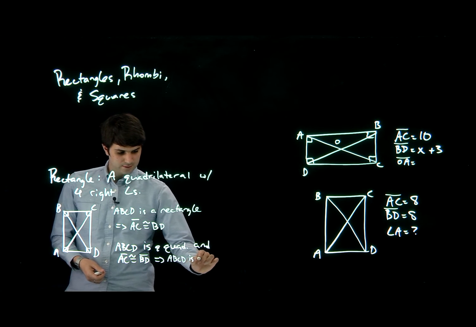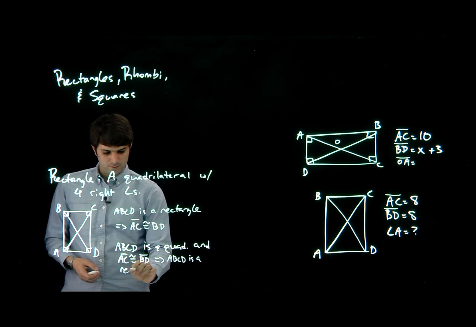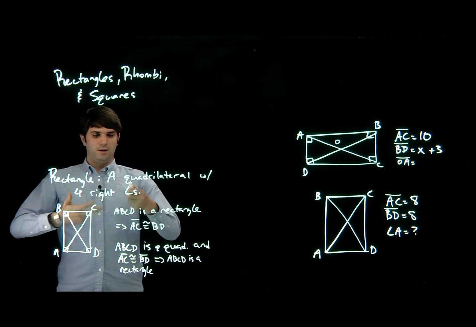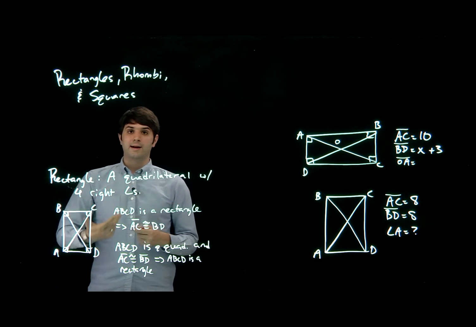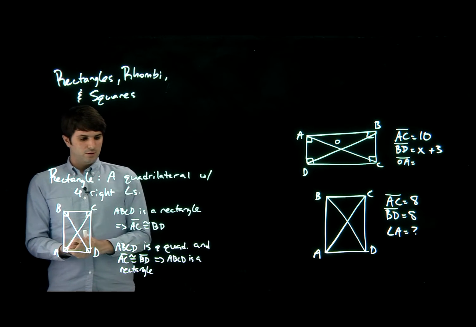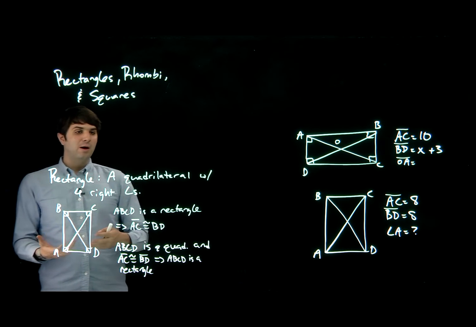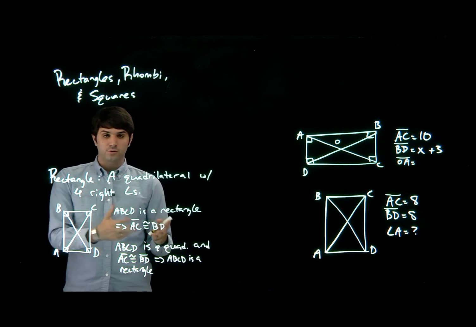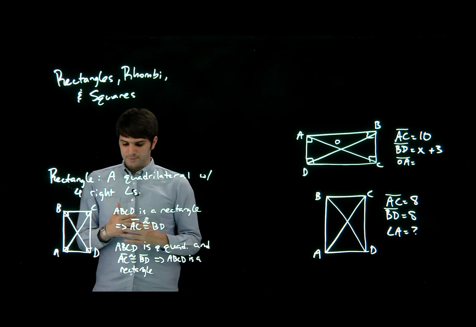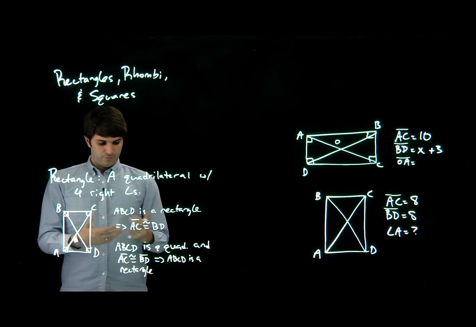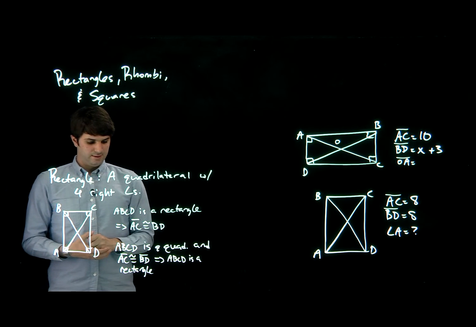So again, a rectangle is a quadrilateral with four right angles. Rectangles' diagonals are congruent. And the converse: if you have a quadrilateral with congruent diagonals, then the quadrilateral is a rectangle.